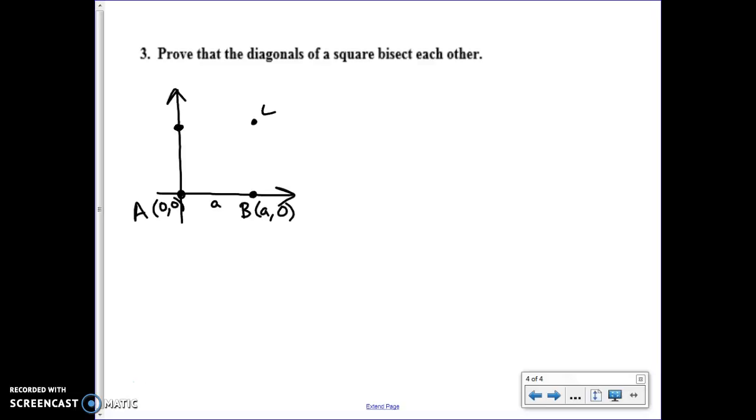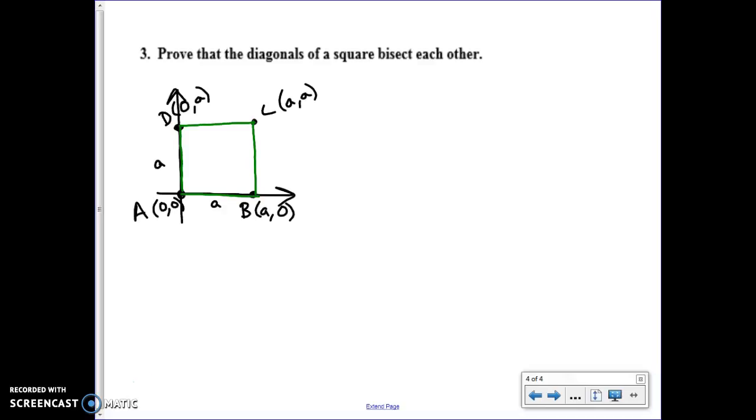For point D, I know it has a length of A, so I haven't moved left or right, but I have moved up a length of A. Now if we're talking about a square, we've moved right A and we've moved up A to get to point C. So I'm going to draw this in a different color so you can see this square. So there's my square in the picture.